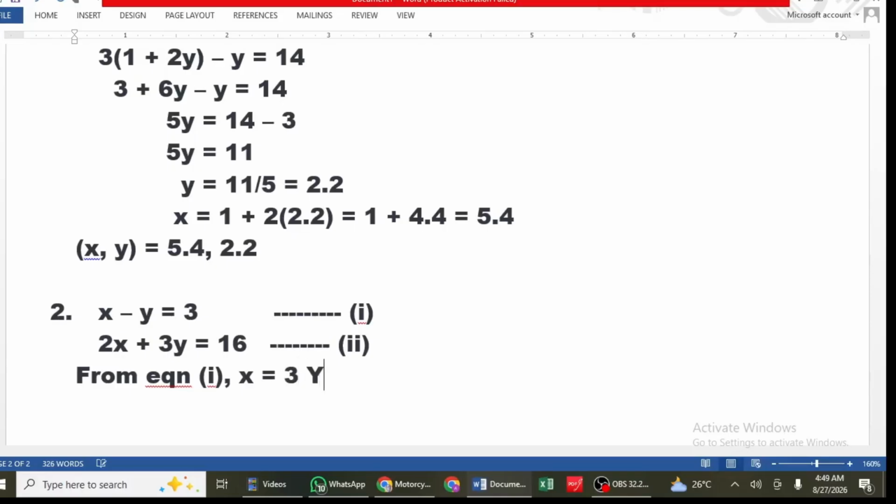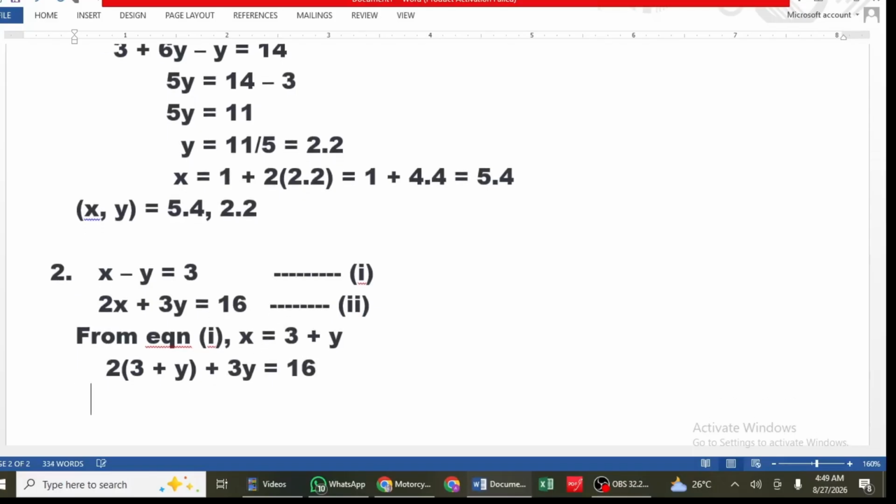Then you plug this in equation 2. Not the same equation, you use it in another equation. Put s is equal to 3 plus y in the second equation, and that will be 2 into bracket 3 plus y, then plus 3y is equal to 16.